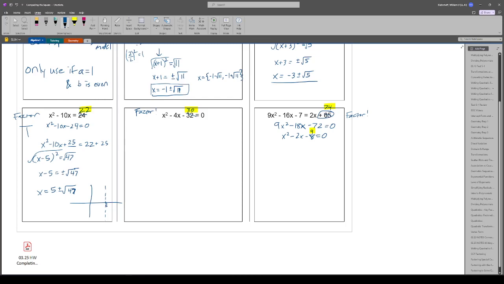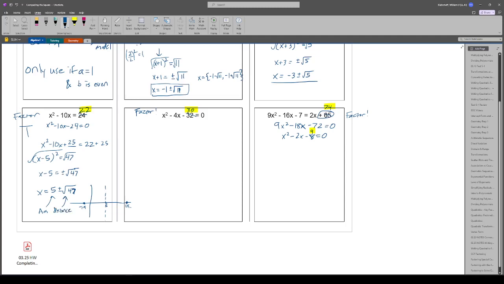So that means that my first solution is going to be over here at 11 point something, right? And my second one is about 7 to the left, so it's going to be at like negative 1.9 or 1.8, something like that. So that's what we're finding here by completing the square: this is my axis of symmetry, and this is the distance away that the zeros are along the x-axis.